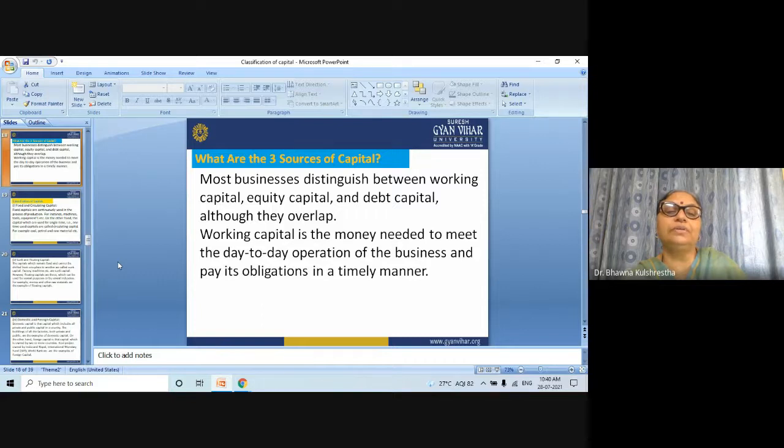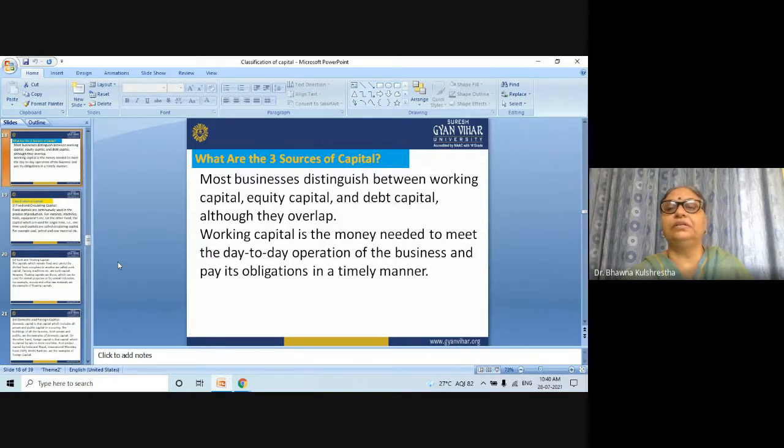Working capital is the money needed to meet the day to day operation of the business and pay its obligations in a timely manner.